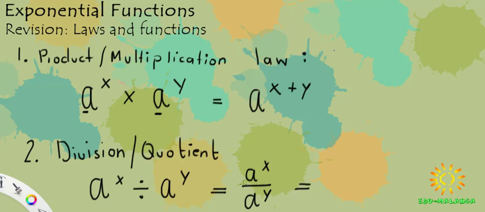What happens in this case is, again, the base is the same, so you will have a, same base, and you will have x minus y. So the exponents now subtract each other, and the exponent of the denominator, the one you're dividing by, is the one that is subtracted.